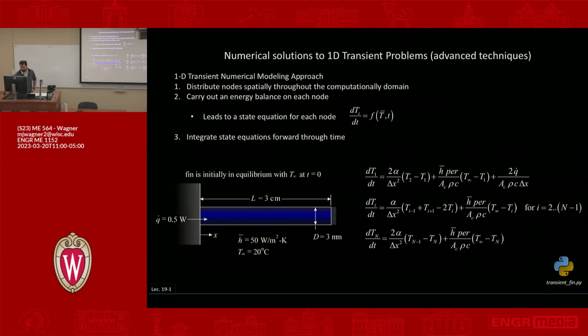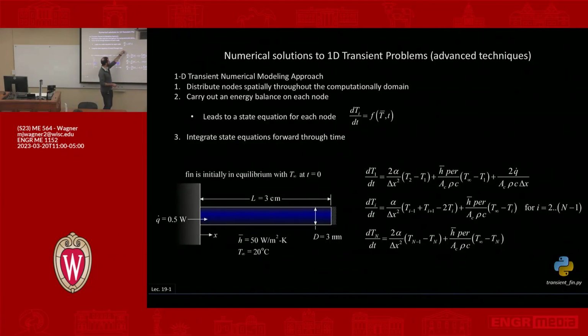Here's the solution that we came up with, hopefully, where we've gone through the steps, 1, 2. So we distribute the nodes spatially, carry out the energy balance on each node. That leads to a state equation. Our state equation is dTi dt. So if we have n nodes in the x direction, we're going to have n estimates of dT dt, one for each node.